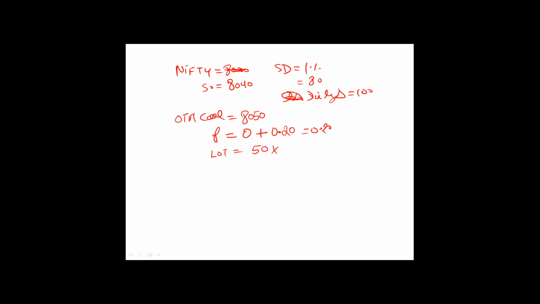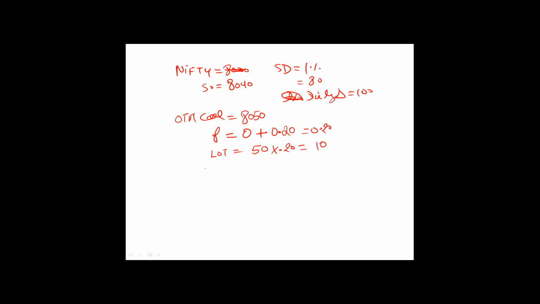So how much will it cost me to get one lot? How many rupees to buy one lot? Around 10. So if I pay 10, I get a lot of option contract. So I pay rupees 10 to get one lot of option contract.